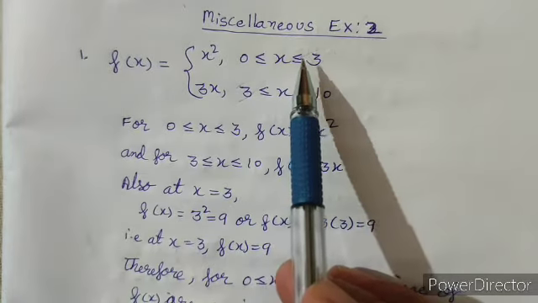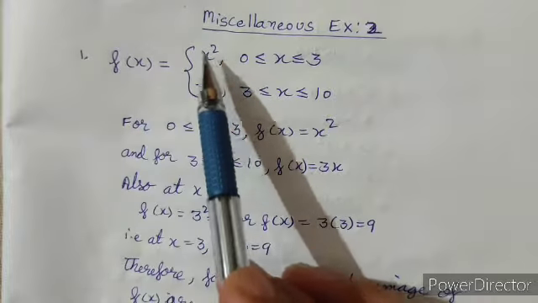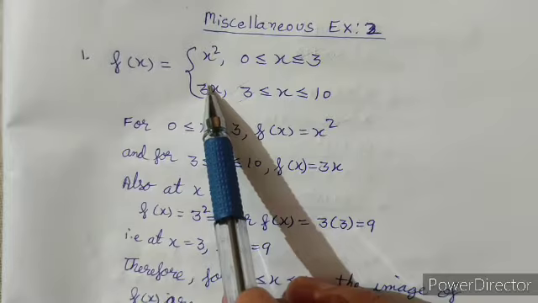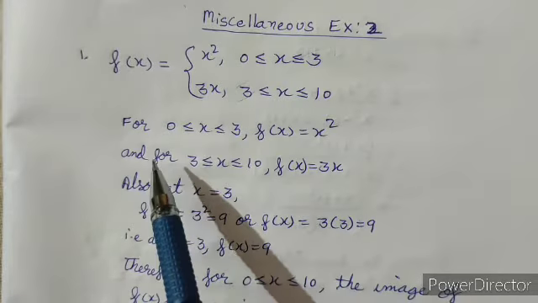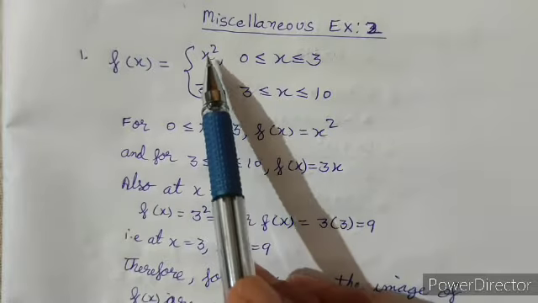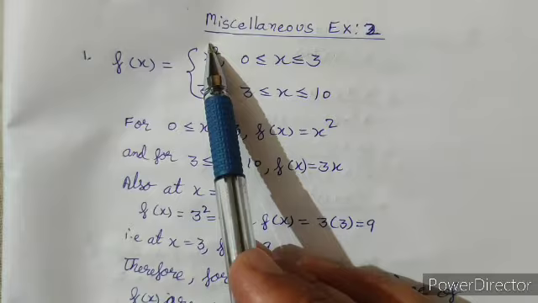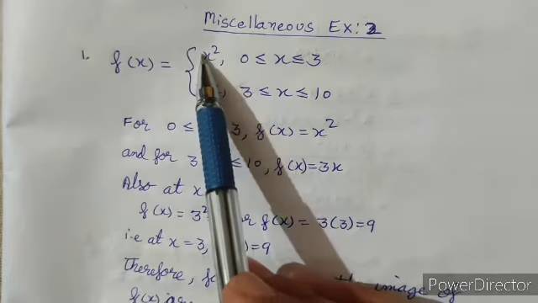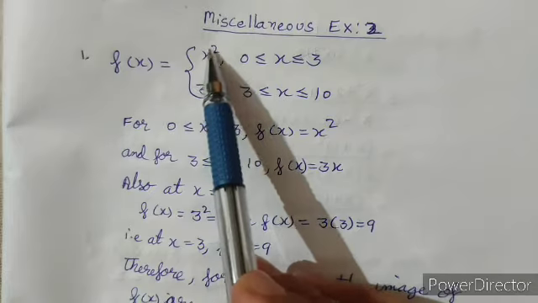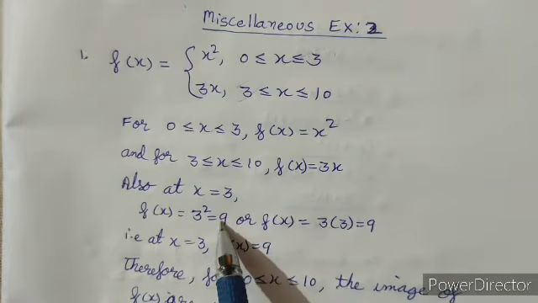Now here we can obtain the value of f(3) from both the parts of the relation. At x equal to 3, from the first part, we can say that f(3) will be equal to the square of 3, and that will be equal to 9.